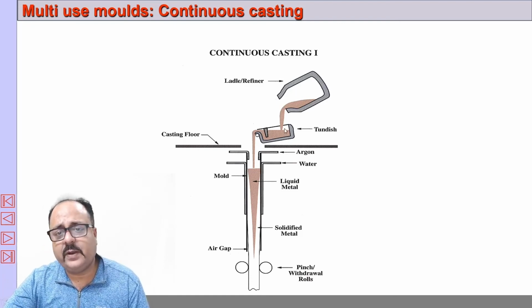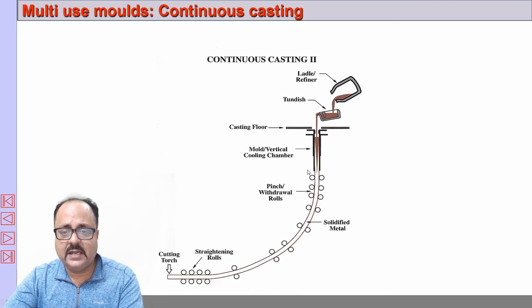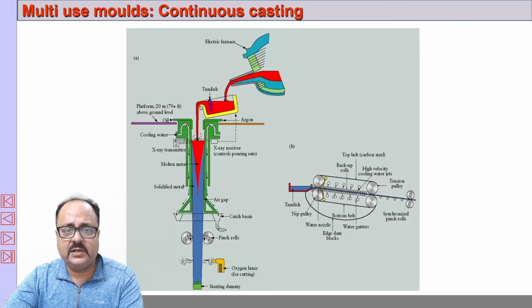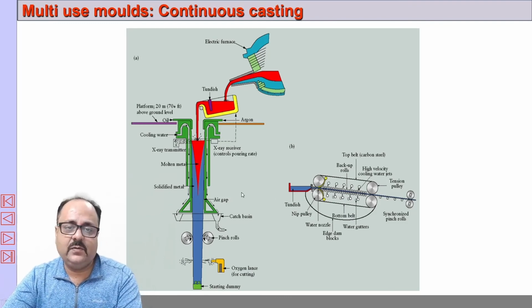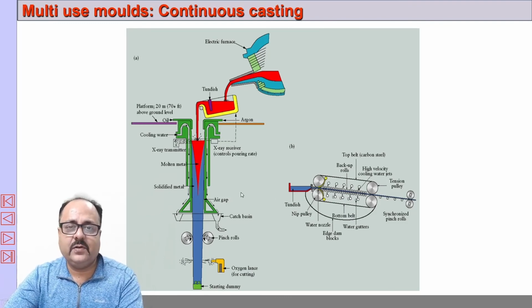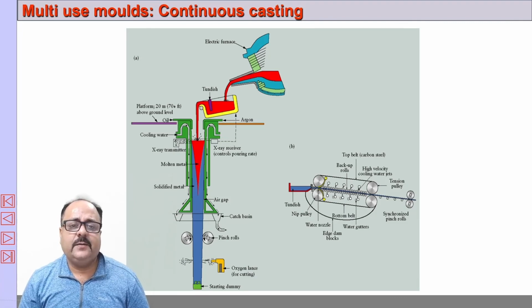It is dropped from a height from the tundish, and as it solidifies, there are rollers which pinch it, and steel sheets will be produced by this method. I'm not going into details of continuous casting. It's very complex, of course, but at this stage you probably will not require that much understanding of it. The only thing is that it's a casting process used in the steel industry.